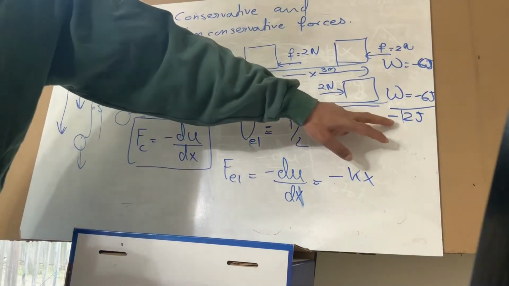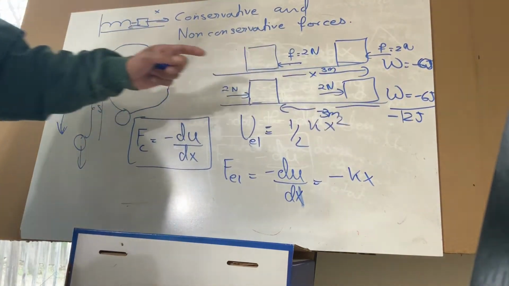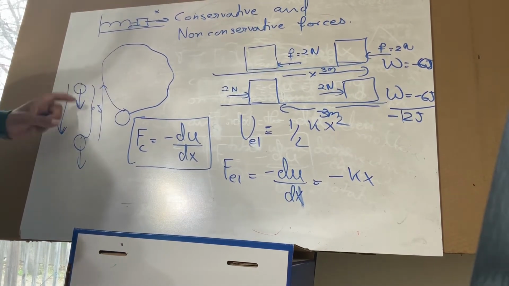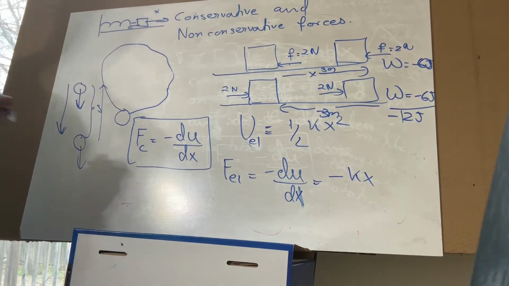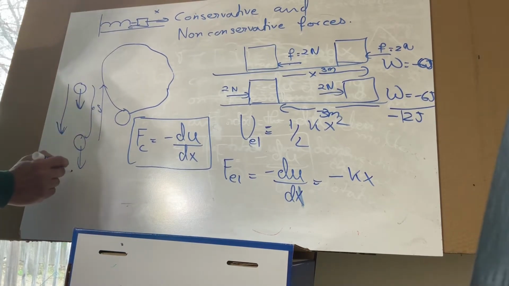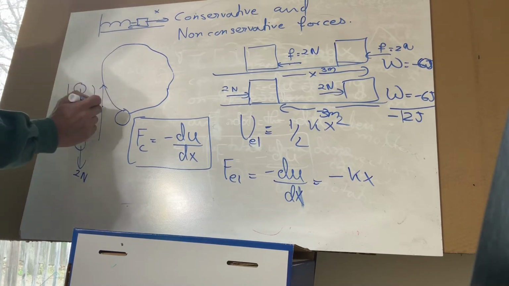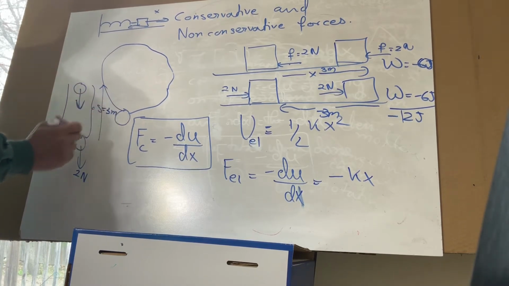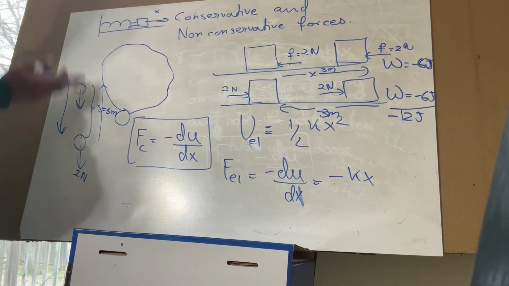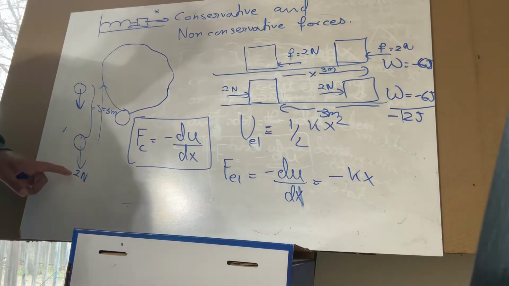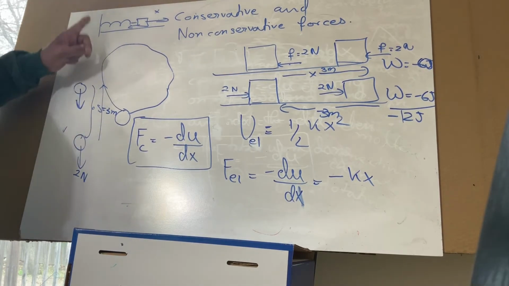It's not zero. In the case of gravity, if you throw an object up, suppose this object has a weight of 2 newtons and you throw it up a distance of 3 meters. What is the work done when the object goes up? 2 newtons that way, 3 meters that way.